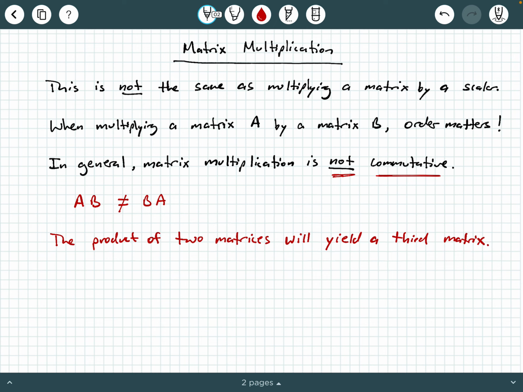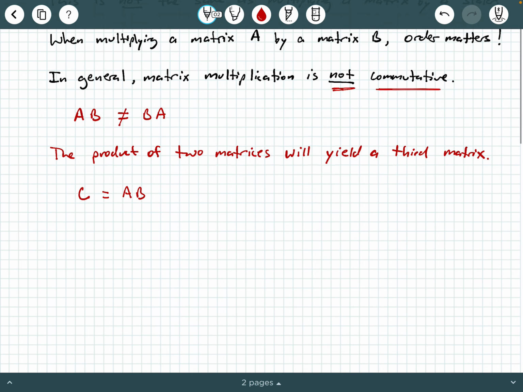So that means when you multiply two matrices together, you're going to get another matrix that is their product, all right? So let's call that C, for example. So you could say matrix C would be the product of, for example, A times B, okay?